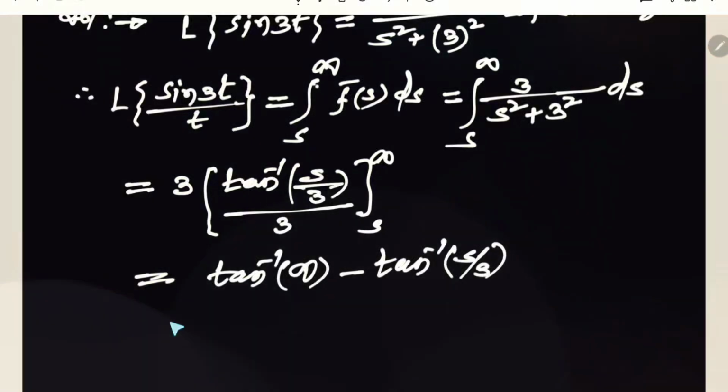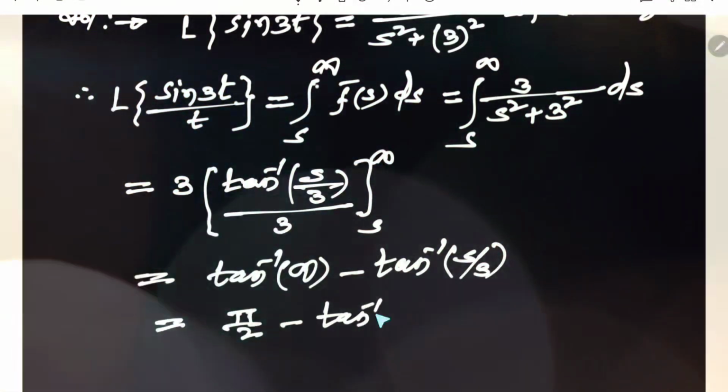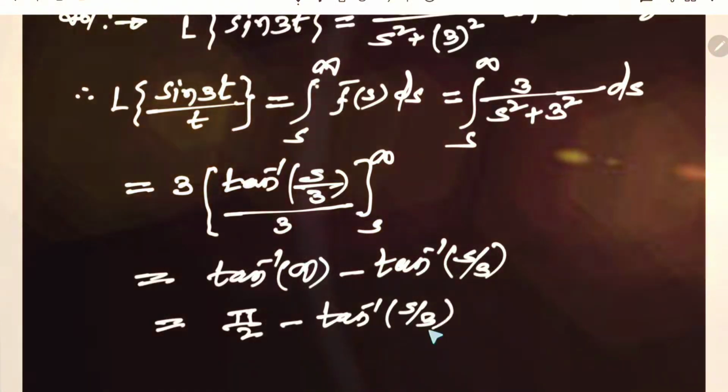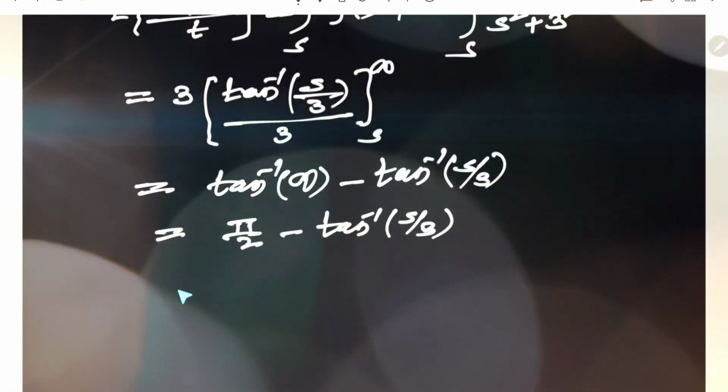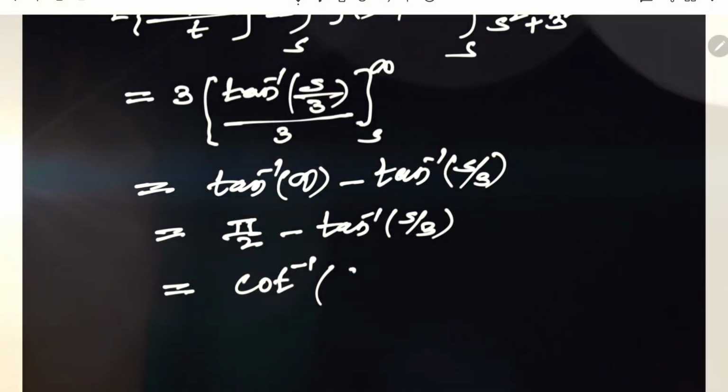Value of tan inverse of infinity is pi by 2 minus tan inverse of s by 3. Pi by 2 minus tan inverse is nothing but cot inverse. Therefore, it is cot inverse of s by 3.